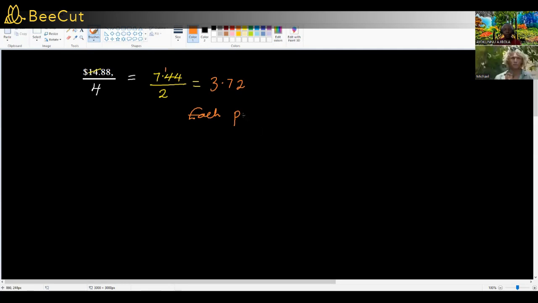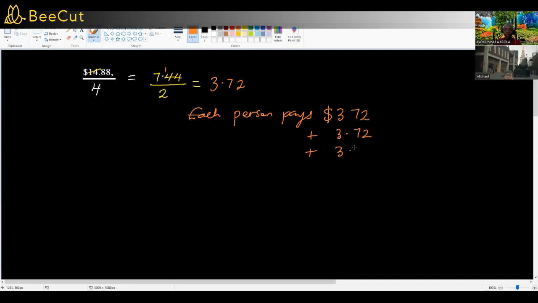So each person pays $3.72 in order to make up for that amount. So if we have the second person, 3.72, the third person, and the fourth person, let's add it together and see.